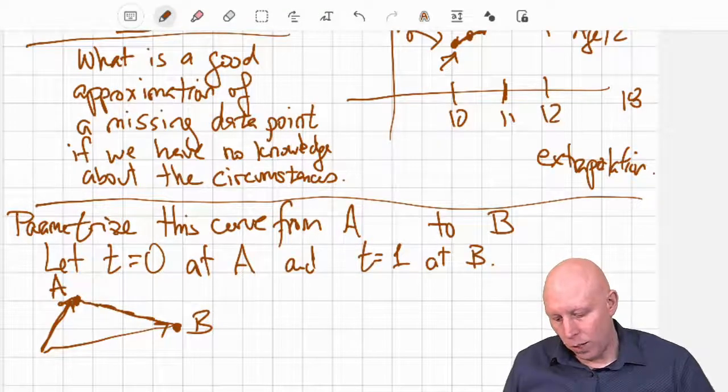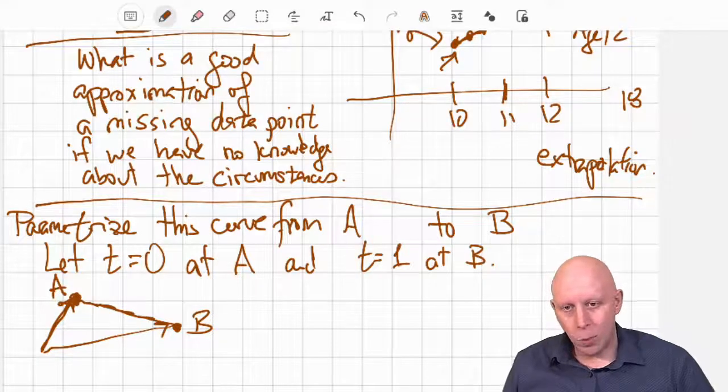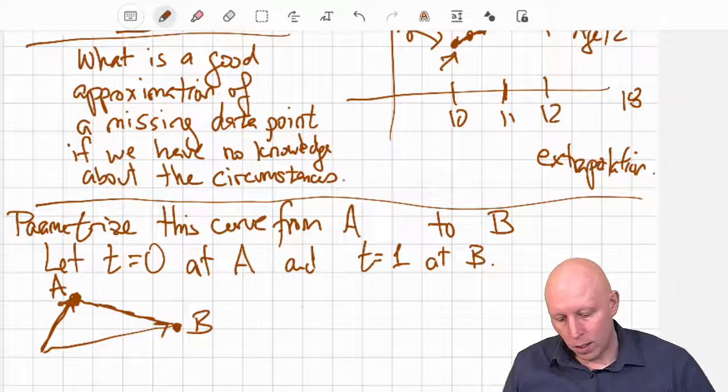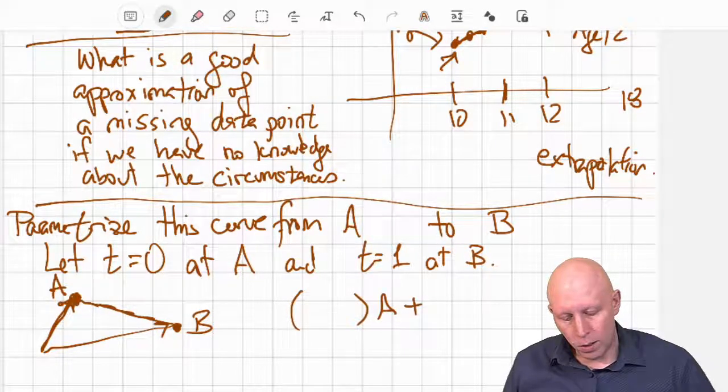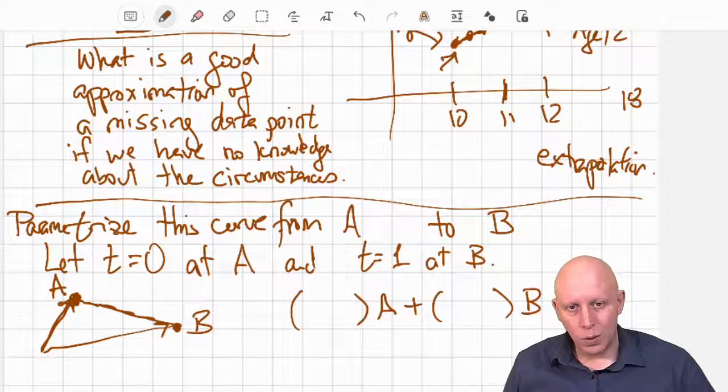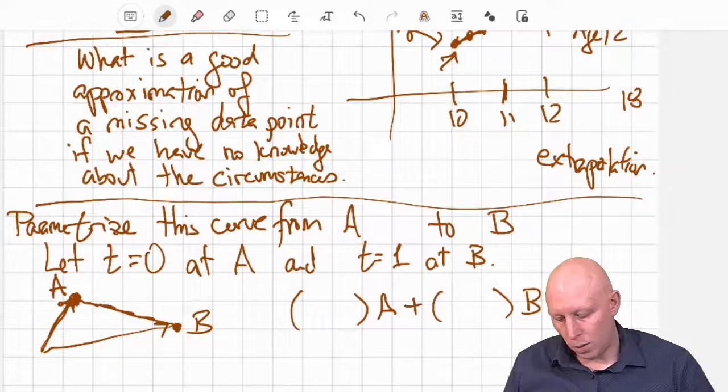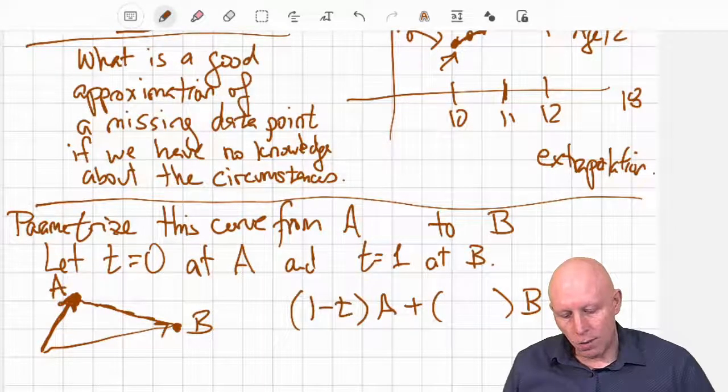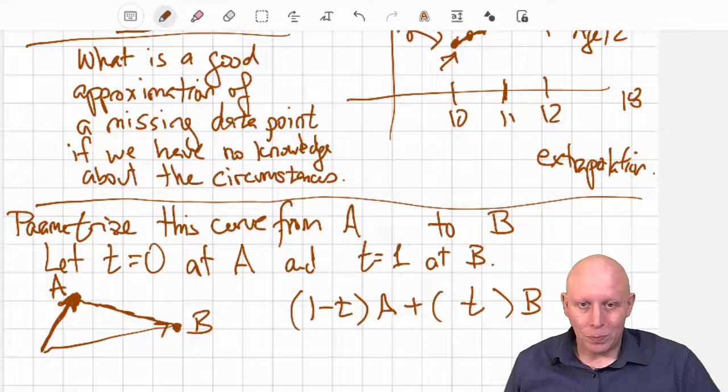The way we can do that is to say, at time 0, we're here at point A, and along the way, we're going to add a multiple of B. So we take the vector from A and multiply by 1 minus t, and the vector from B and multiply by t.